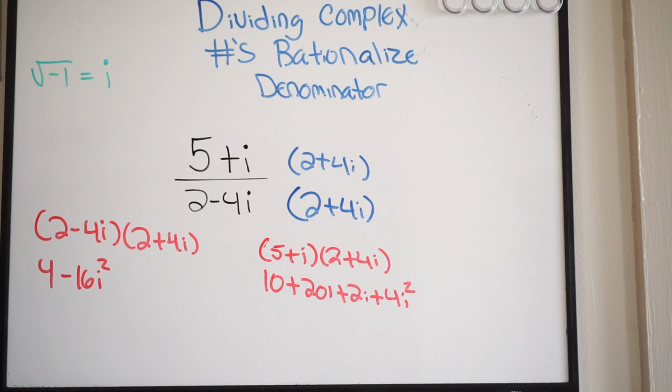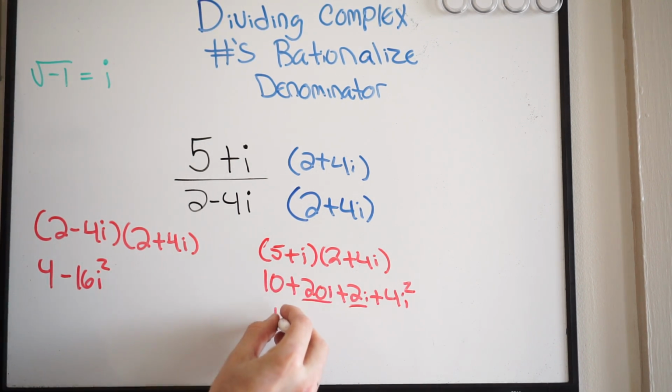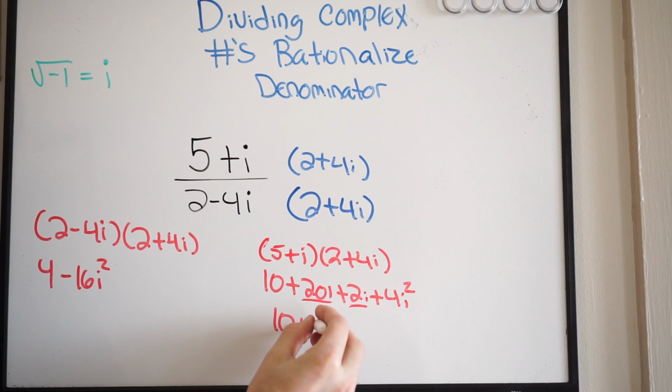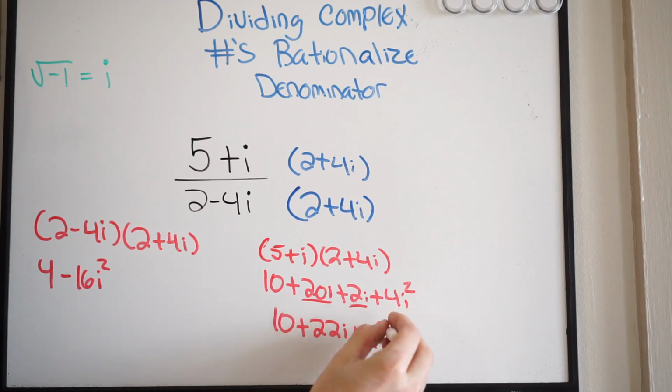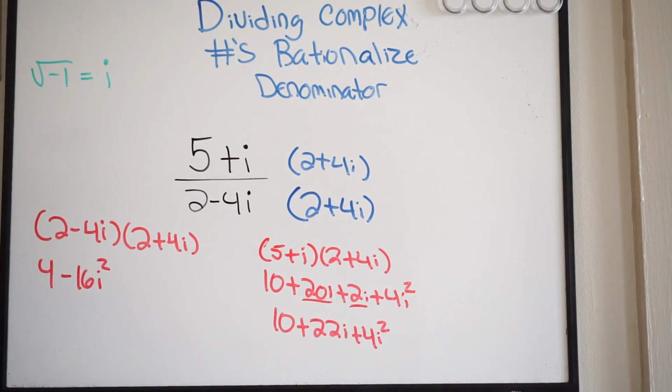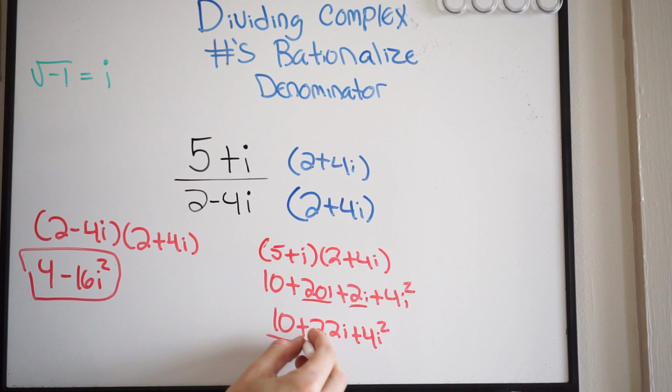And now let's just combine our like terms right here. We can combine these. So we have 10 plus 22i and then plus 4i squared. And now if we take a look, this is what we're going to have on the bottom. And this is what we will have on the top.